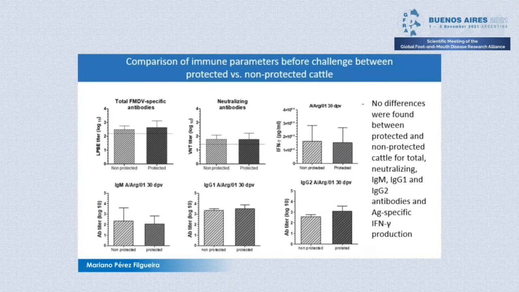In this case, we used the total neutralizing antibodies, the interferon gamma, also a cellular test, and IgG 1, 2, and M, and in none of these cases did we find differences between the non-protected and the protected animals. So that was not really the reason why these animals suffer a different fate after challenge.